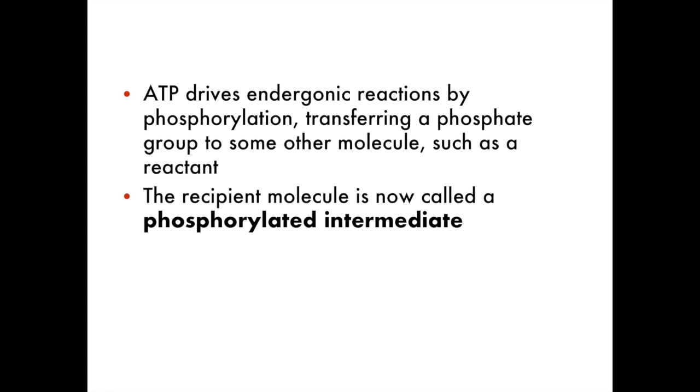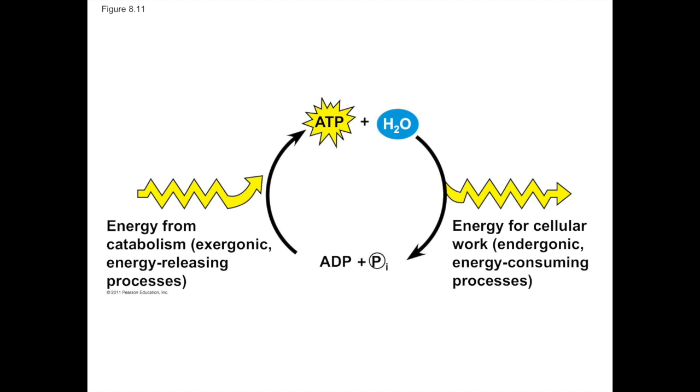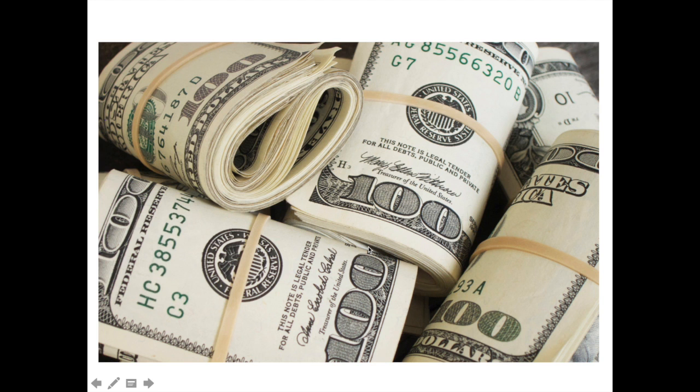That phosphate group is kind of like a jet engine that gives that molecule energy. So energy from breaking down energy releasing processes goes into making ATP, and that ATP can be used to drive endergonic or energy consuming processes. And then we can recycle the ADP and the phosphate groups to keep this going.